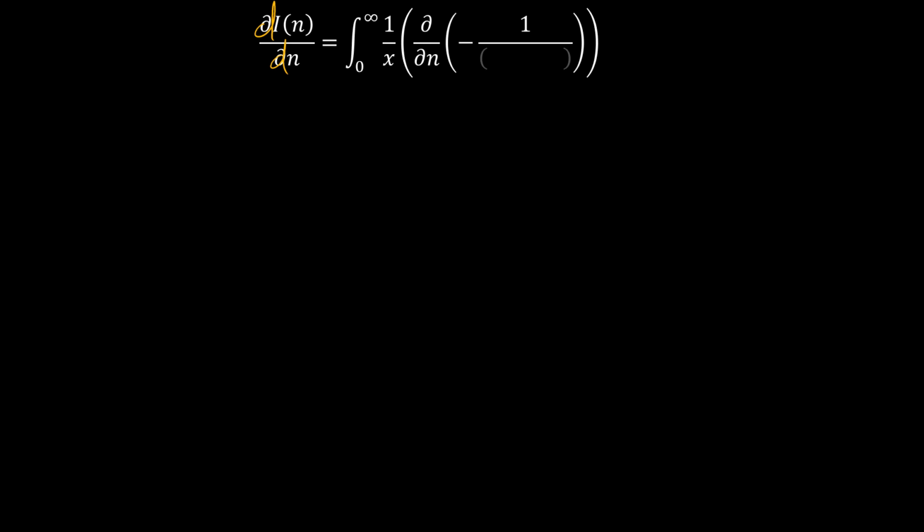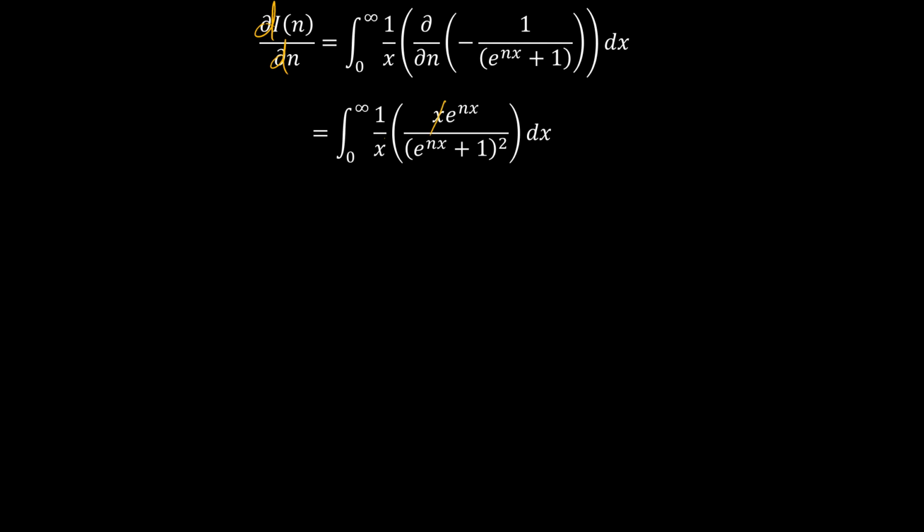When we differentiate that, and this is d, not round delta, or round d, this becomes the definite integral from x equals 0 to x equals infinity of 1 over x times x times e^(nx) over (e^(nx) plus 1) squared.